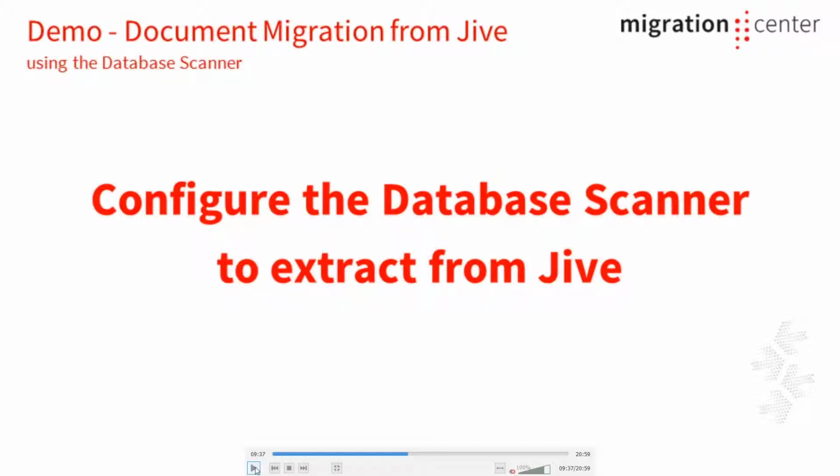So what you've seen till now is that it's quite straightforward getting information about your database, about your legacy ECM system, and putting this all together to configure the database scanner to extract the documents from Jive.